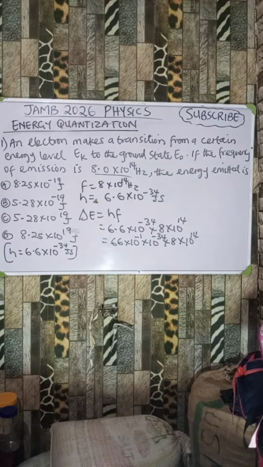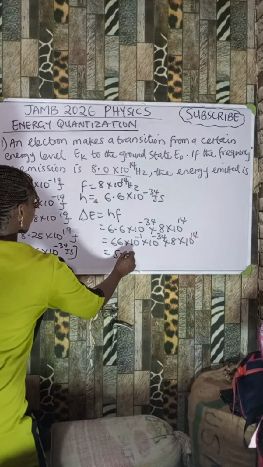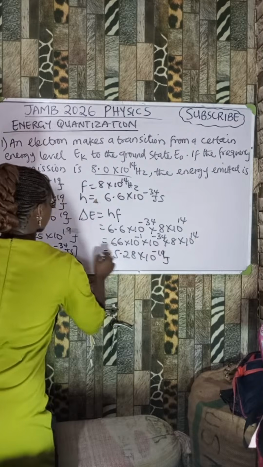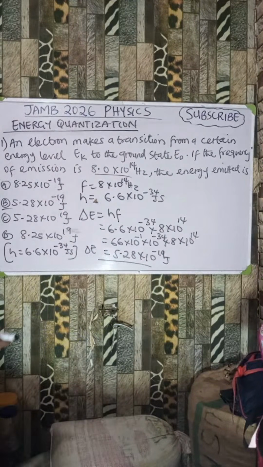Option B. All right, so that is the answer, right? The answer to this question is 5.28 times 10 to the power of minus 19 joules. That is my change in energy. So option B is the correct answer.